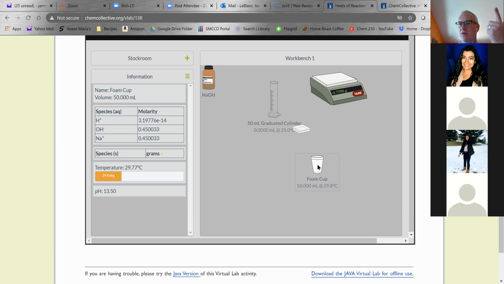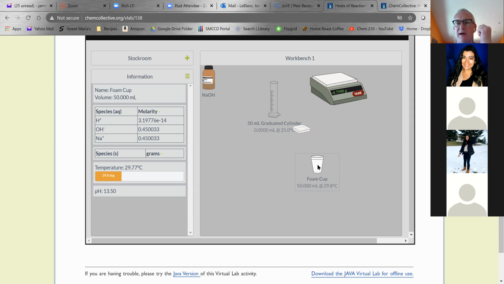So with 0.9 grams of sodium hydroxide, my temperature now has gone up to 29.77 degrees. And look at my concentration of OH minus. It's like through the roof now.